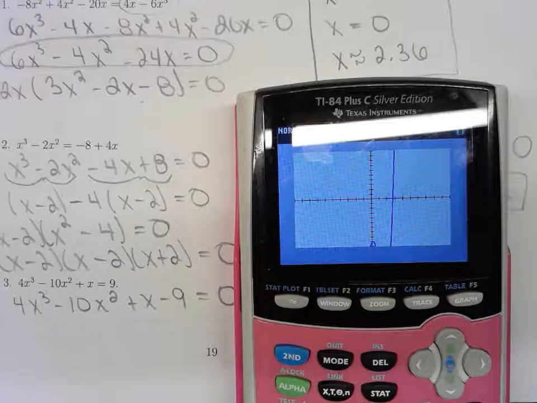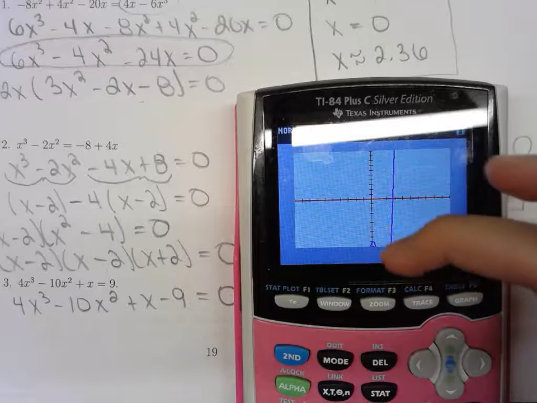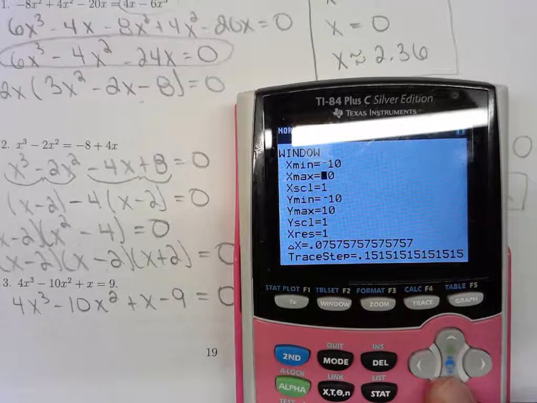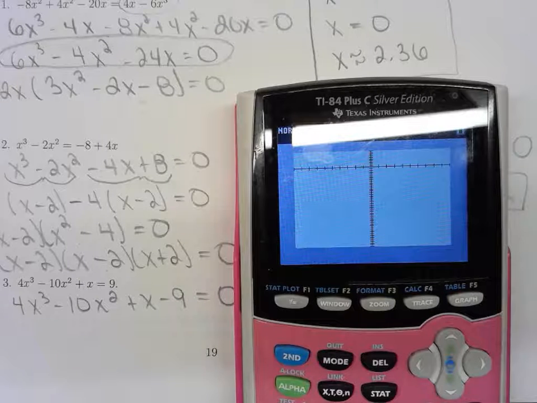No. It looks like I need to make the y minimum larger. So you can see that we need to finish that graph there. So I'm going to do y minimum, let's do negative 50, and see if that works.